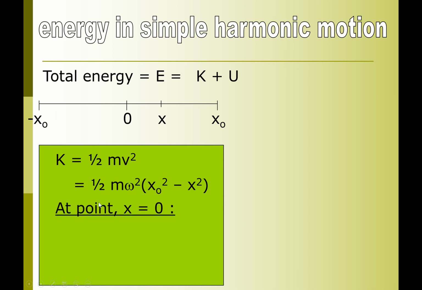So at point x equals 0, at the fixed point here, kinetic energy equals half m omega squared x naught squared minus 0. We substitute x equals 0 into the equation, so we get this. Therefore kinetic energy equals half m omega squared x naught squared. So this will be the maximum kinetic energy.